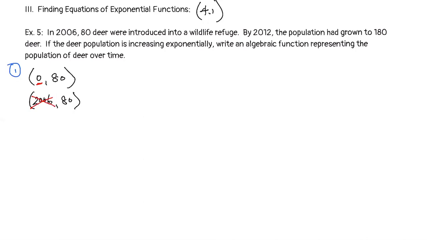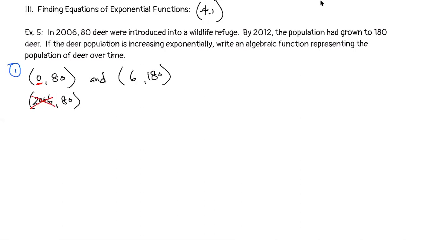So we've got 1 point, 0, comma 80. And I know my second point is something comma 180. What's the x value? It's 6, exactly.